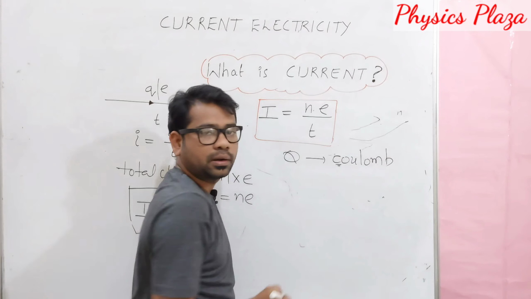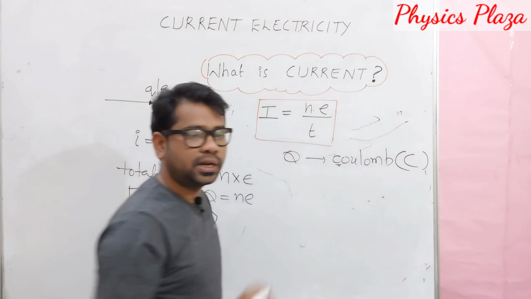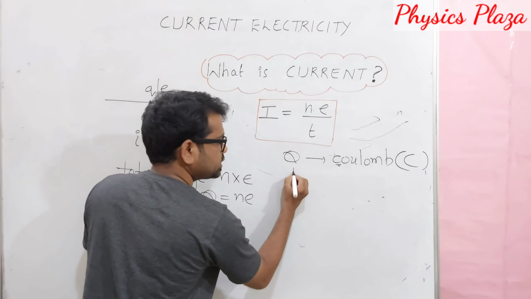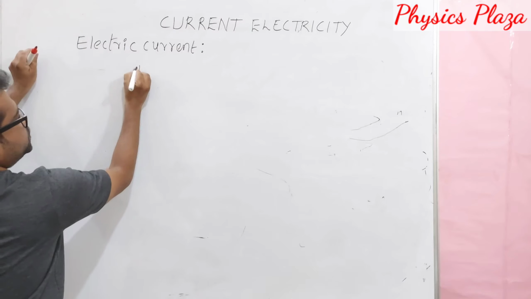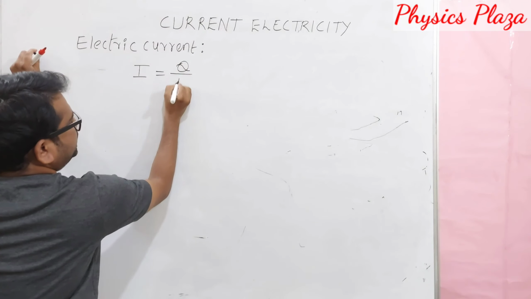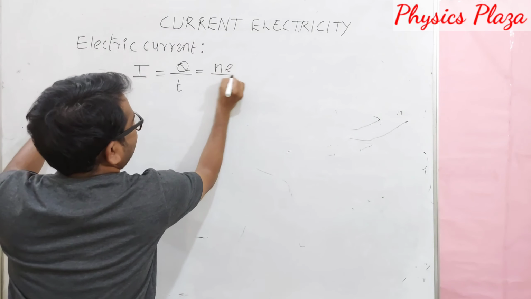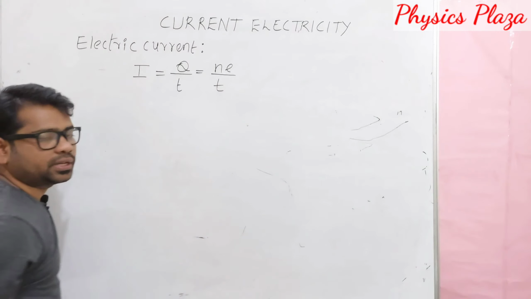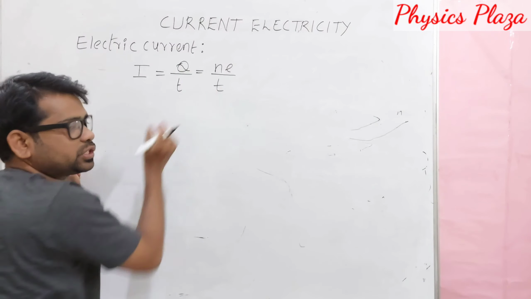It is not a capital letter, but the symbol can be a capital letter. Time is measured in seconds. Finally we got I is equal to Q by T, or we can write it as N E by T also.